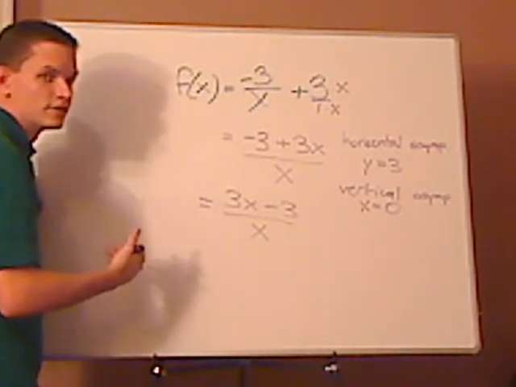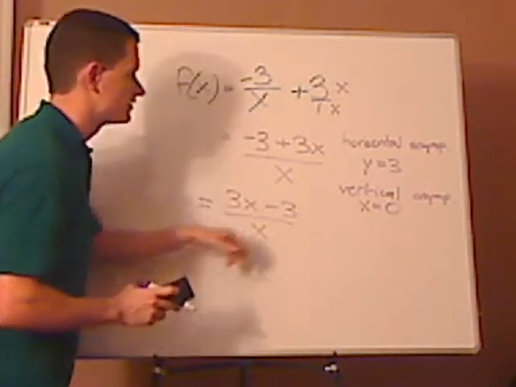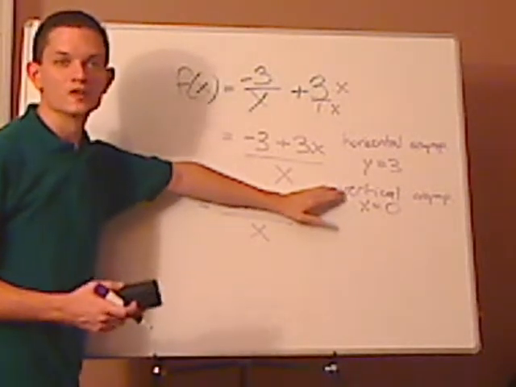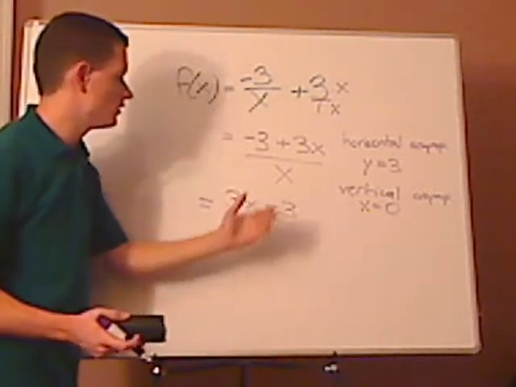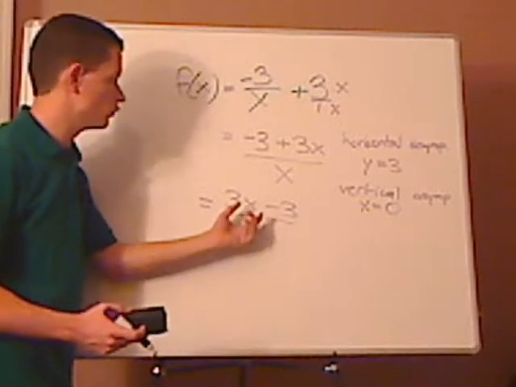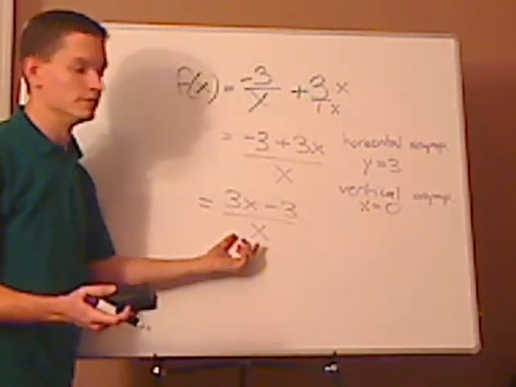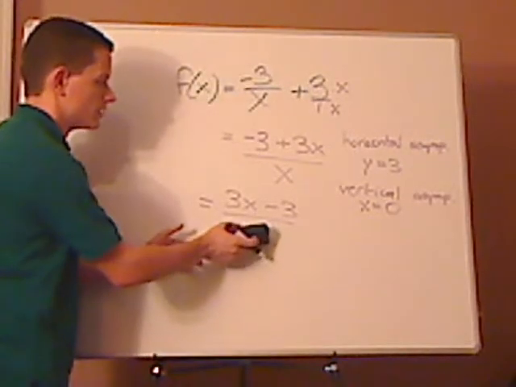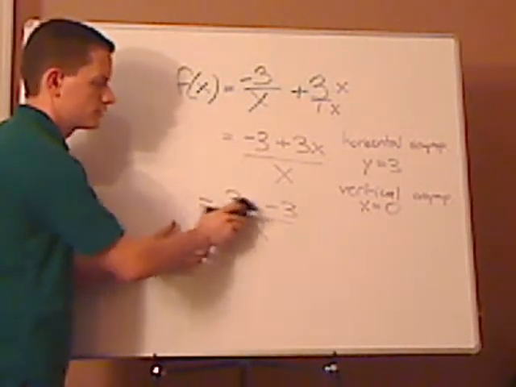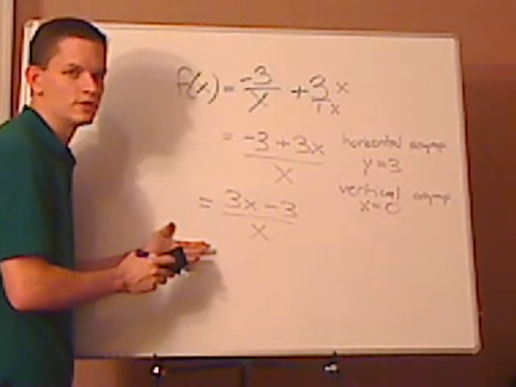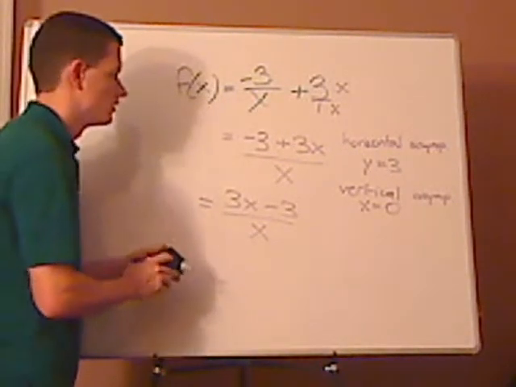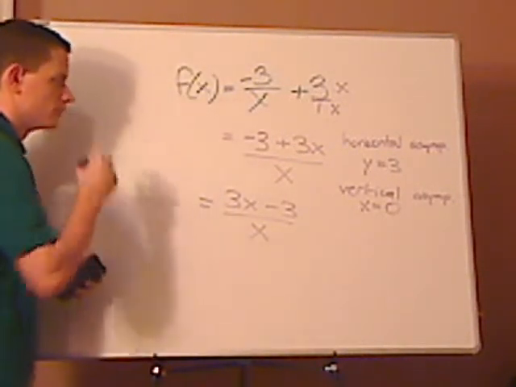Now you can test to see, because your vertical asymptotes might also be holes. Well, it's going to be a hole when the numerator and denominator are both 0. So if you plug the 0 in, is that going to make this whole thing equal to 0? No. So it's not a hole, it's a vertical asymptote.